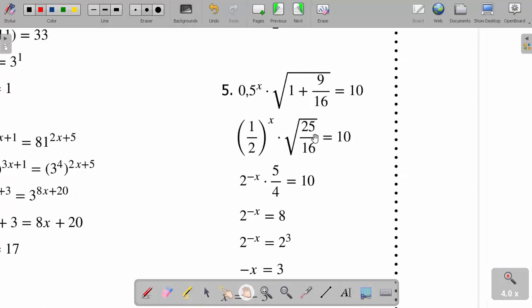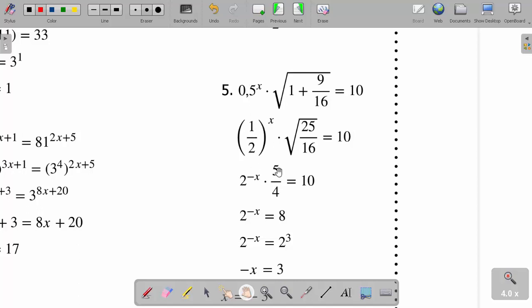Now here I have 0.5 power x times the root of 1 plus 9 over 16 equals 10. I first simplify the square root here, which gives me 25 over 16, which is the same as 5 over 4. This is a half, the same as 2 power minus 1, but minus 1 times x becomes minus x.